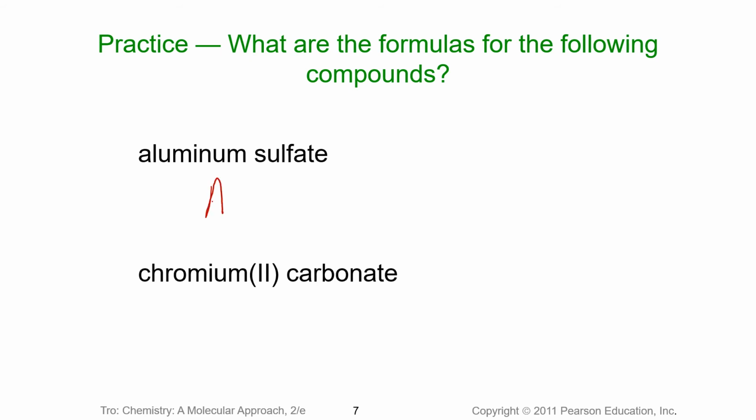Aluminum is Al3+. Sulfate, it ends in ATE, so it's going to contain oxygen. SO4 2-. If we make the charges the subscripts, we end up with Al2. We need parentheses.